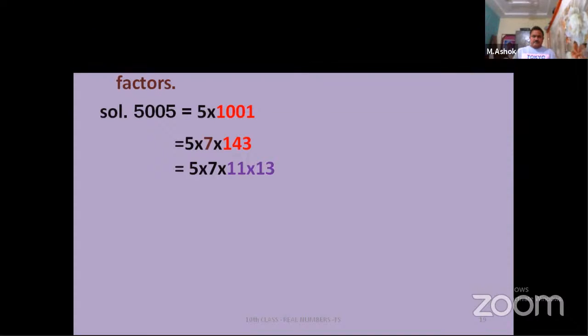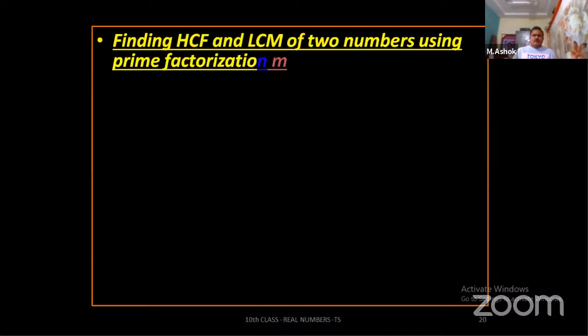So do the remaining. Now, finding the HCF and LCM of two numbers using the prime factorization method. So we can find the HCF and LCM of two numbers using the prime factorization method.